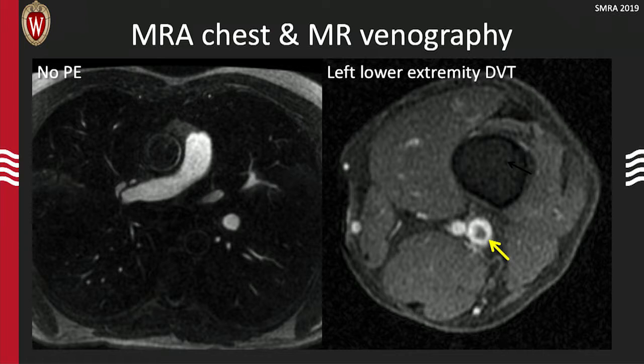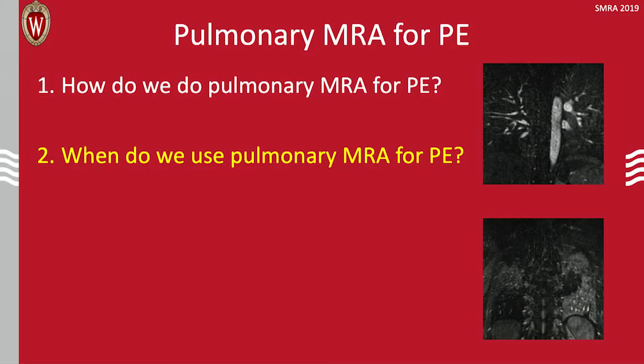Imaging the veins with MR is much, much better than CT. That being said, we no longer do lower extremity MR venography. Usually these patients have already had a lower extremity ultrasound to look for DVT before they've come for their MRA, so we haven't found it to be necessary to improve our outcomes.